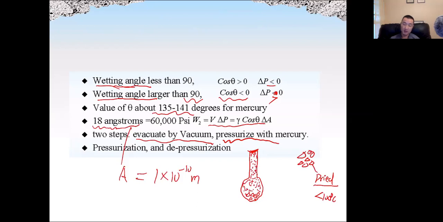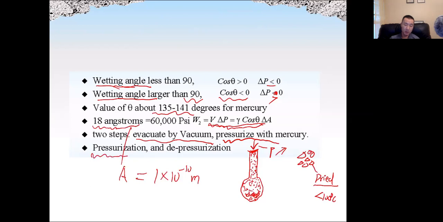Then the pressure will increase slowly, and we monitor how much mercury penetrates inside the samples. Based on the Washburn equation, we can have an idea of the pore size as well as the pore volume.